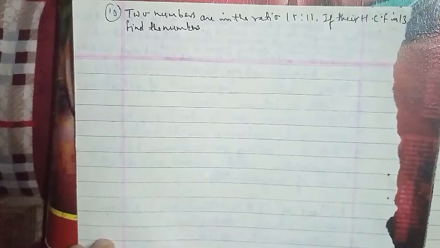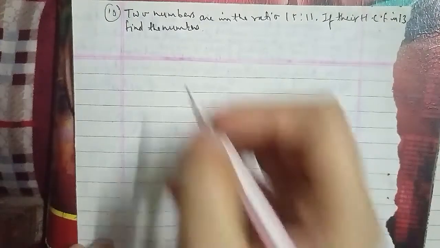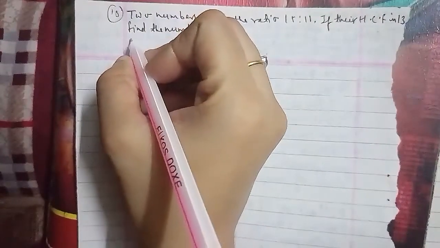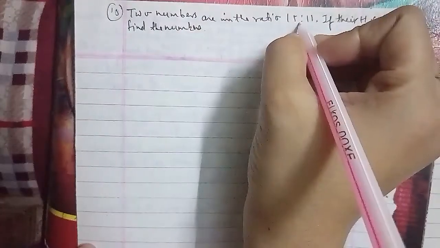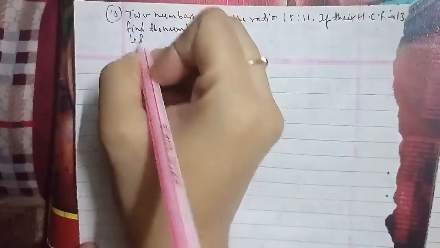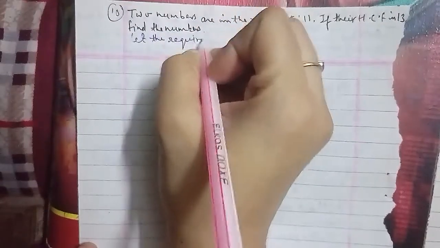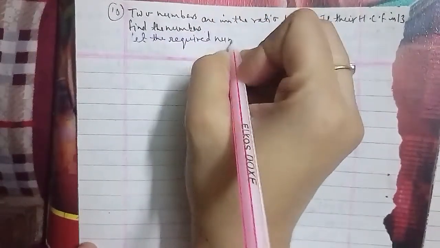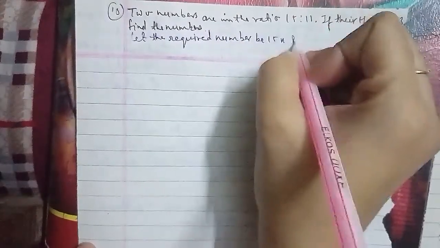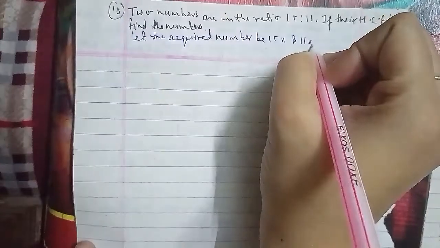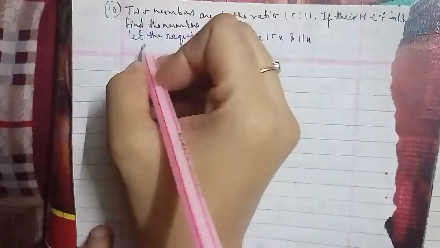This is the question that we have to deal with, and the solution for this, as we know: let the required numbers be 15x and 11x, which we have in ratio here. Then their SCF is x, of course.